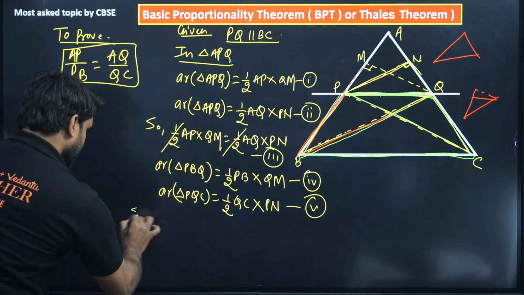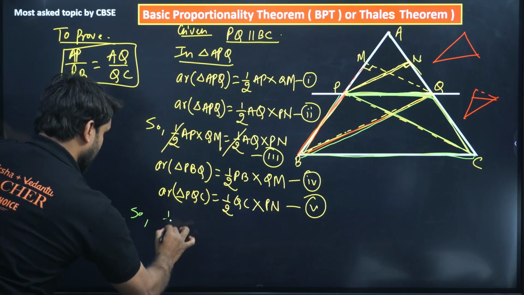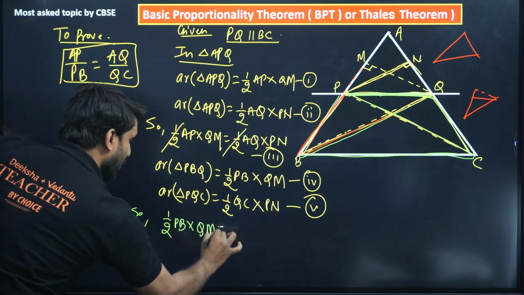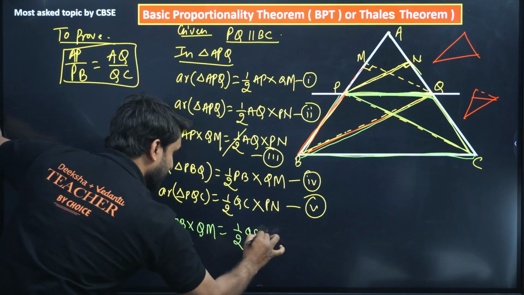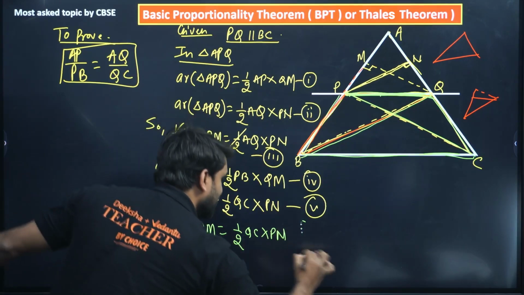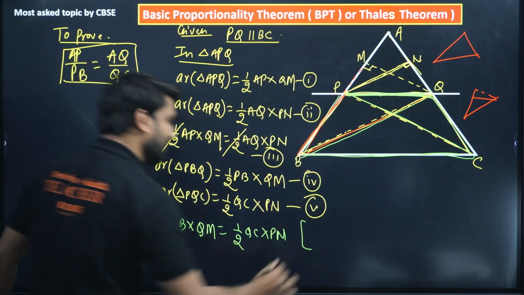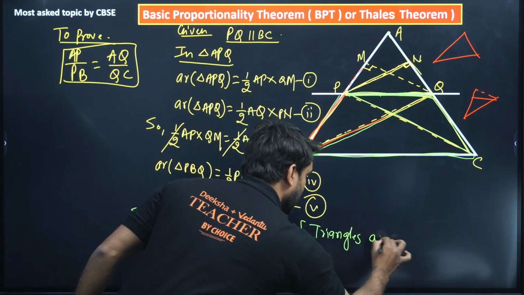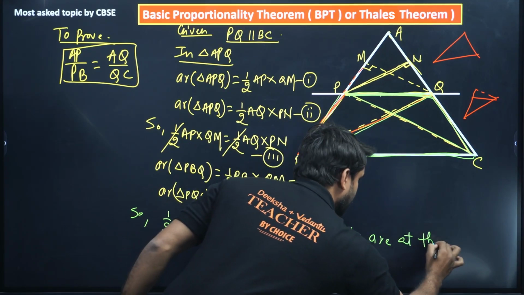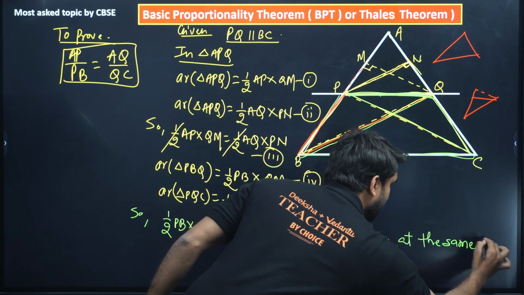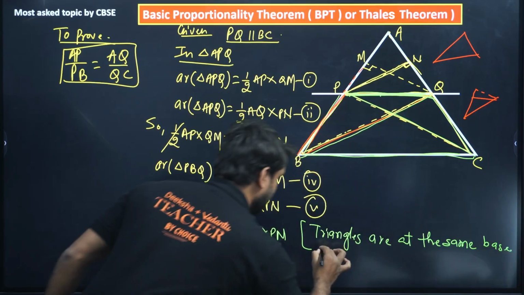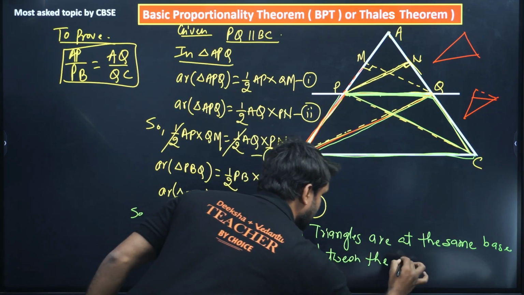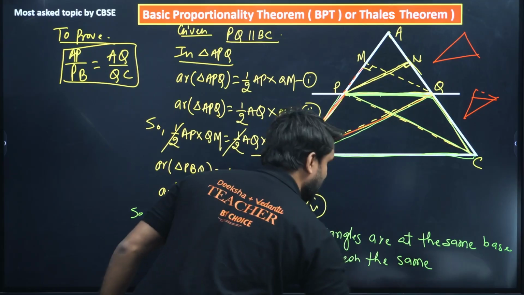So we can write here half PB into QM will be equal to half QC into PM. And you can mention here the reason. You can write the reason: triangles are at the same base between the same parallel.